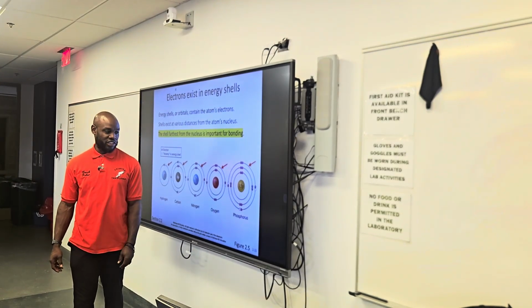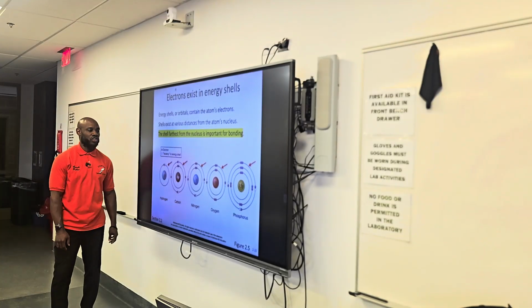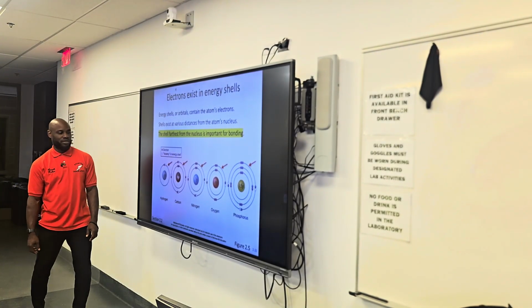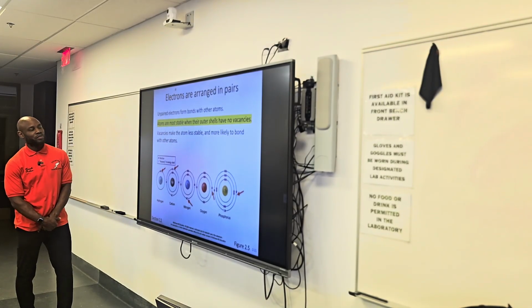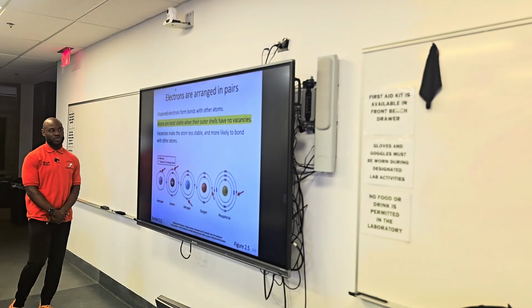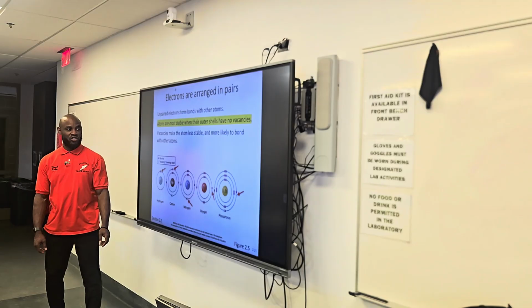For carbon, the outer shell contains 4. For nitrogen, the outer shell contains 5. Oxygen, the outer shell is 6, and so on. That outer shell is going to determine bonding.